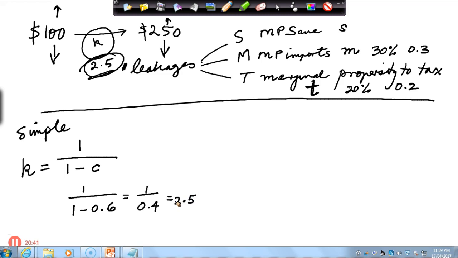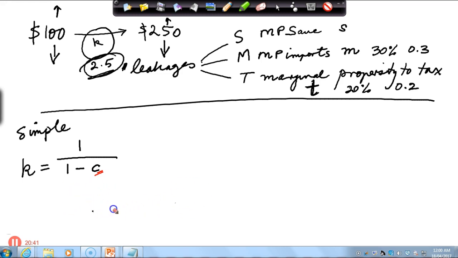The larger the marginal propensity to consume gets, the smaller the denominator gets, and therefore the larger the multiplier K gets. All right, so that's for a very, very simple economy.